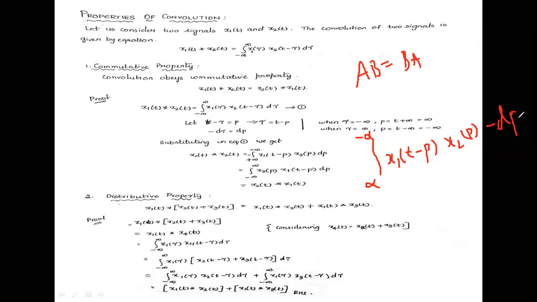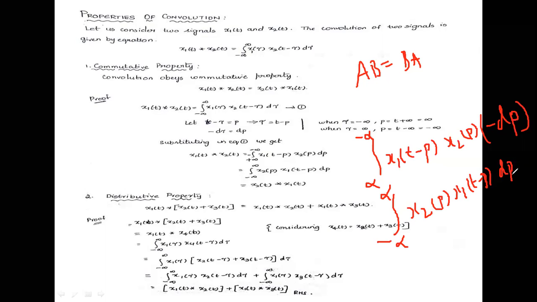Swapping the upper and lower limits means the negative sign becomes positive. So we get x2 of p, x1 of t minus p, dp.